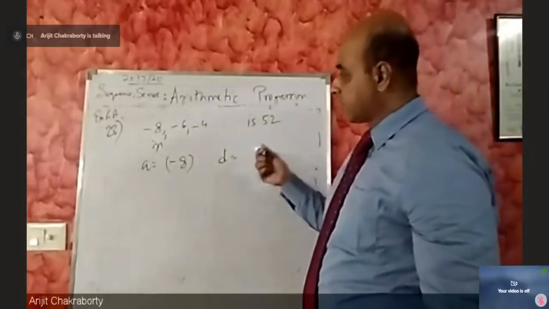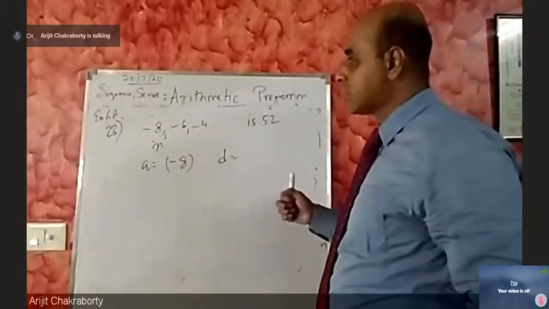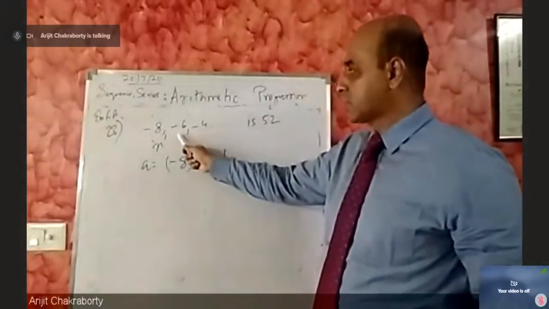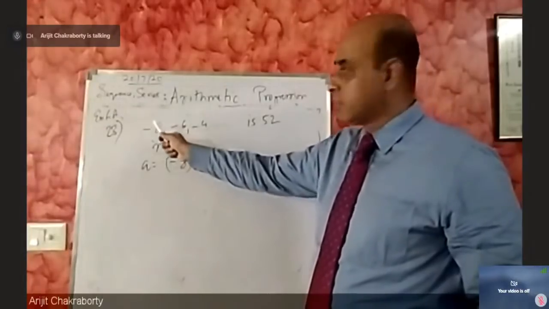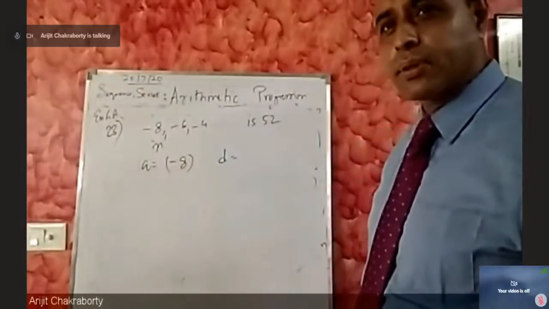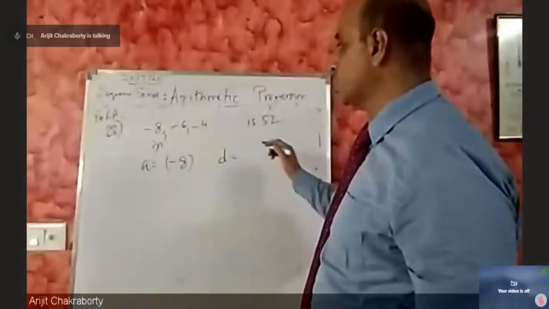So let's take this case. Here the common difference is how much? Minus 4 minus 2 gives you minus 6. Minus 6 and minus 2 gives you minus 8. Okay? So here the common difference is minus 2.